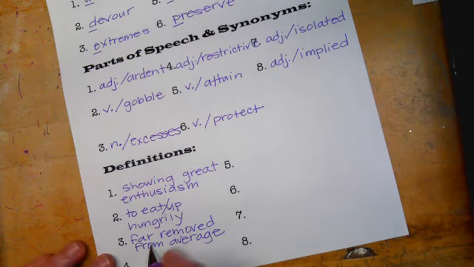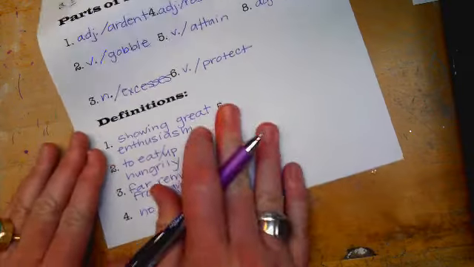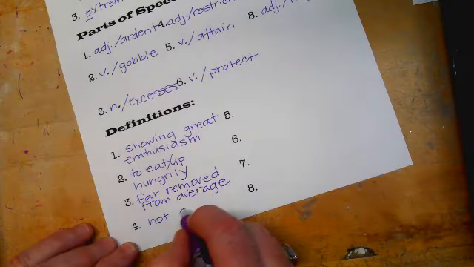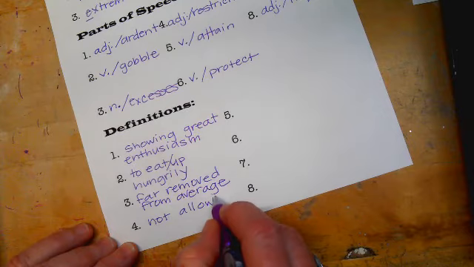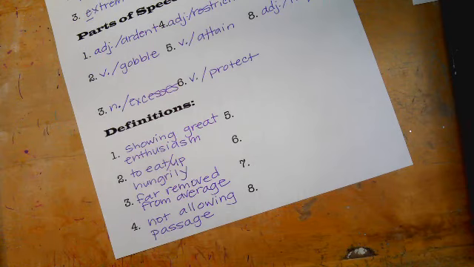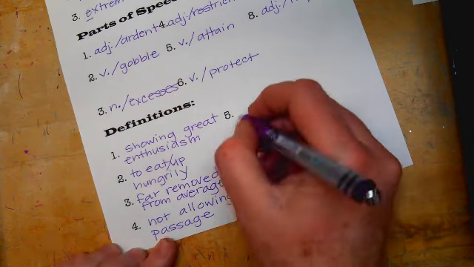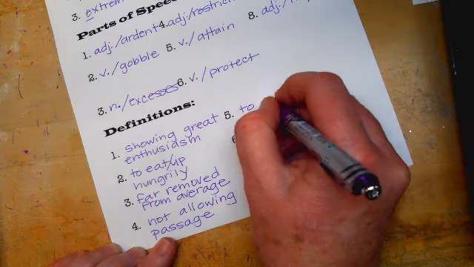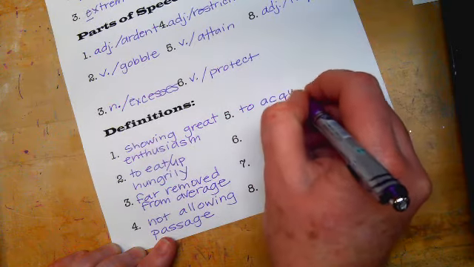Number 4 is impassable, and it's not allowing passage. Okay, number 5 is obtain, and that is to acquire through effort.